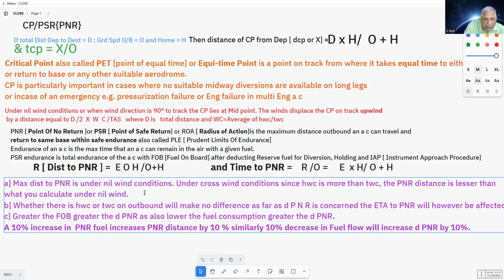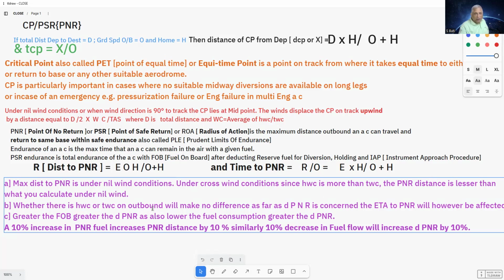Maximum distance to PNR which you calculate will be under nil wind conditions. Under headwind conditions, or tailwind conditions, or the crosswind conditions, the PNR distance will be lesser than what you calculate under nil wind.